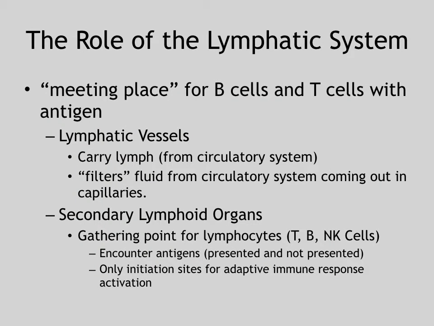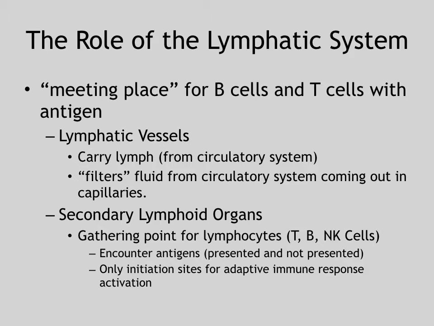Now, all of this is dependent on the lymphatic system. The lymph system is really important, not just for immunological responses, but for monitoring the system at all times. The lymphatic vessels, which I call the back roads to the circulatory system, hook up with the circulatory system at capillaries.